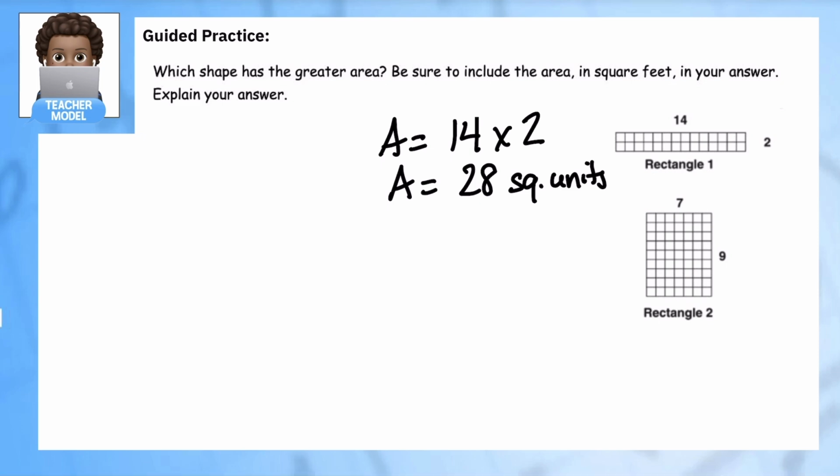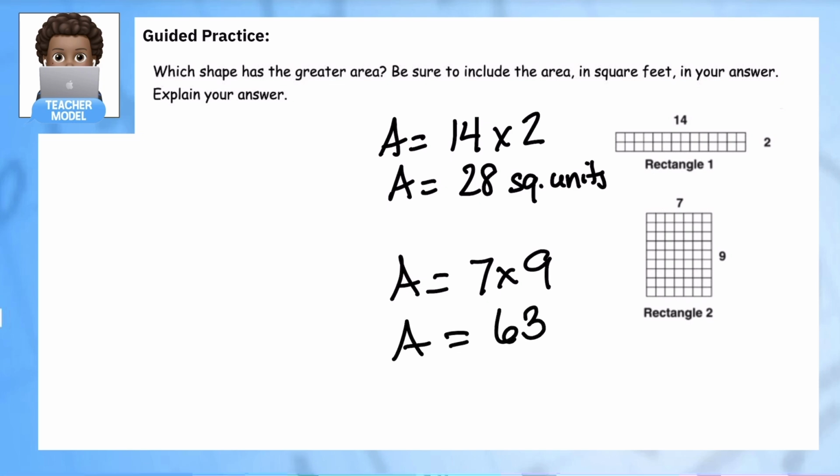For rectangle 2, my dimensions are 7 and 9. So I can multiply those. 7 times 9 is 63 square units. So this one has the greater area. And that kind of makes sense because you can just see it has way more tiles than the other one. So you should have chosen rectangle 2 has the greater area.